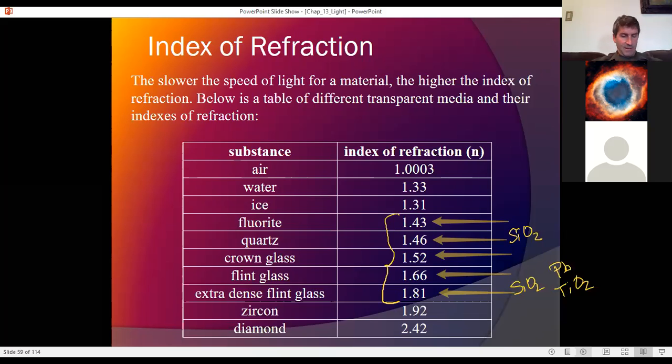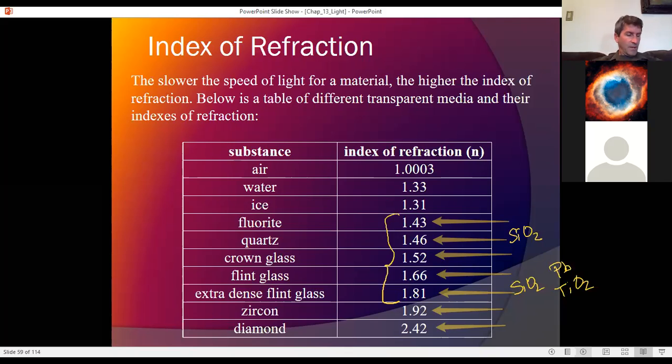Zircon is not cubic zirconia, but zircon is another transparent material. And here you can see diamond is almost an index of 2.5. So the speed of light in diamond is like traveling at 1.3 times 10 to the 8 meters per second. And that's very important.